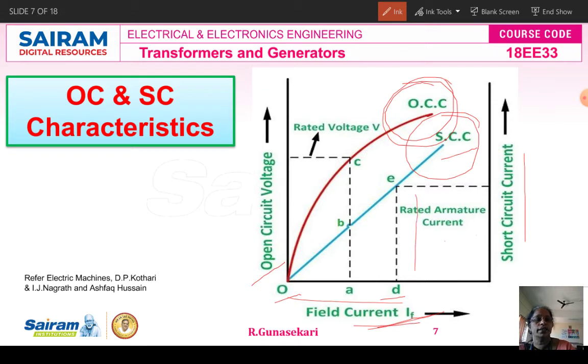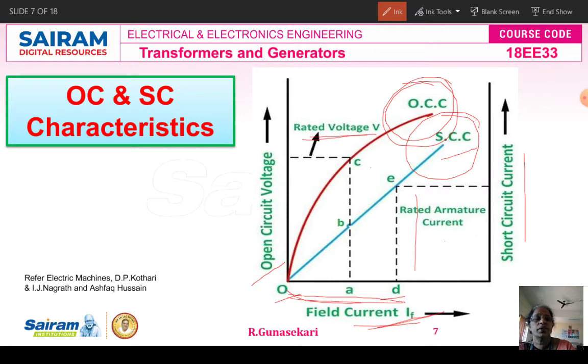Similarly, AC is nothing but the rated voltage V, and OA is the field current required to produce rated voltage V, and OD is the field current required to produce the rated armature current.